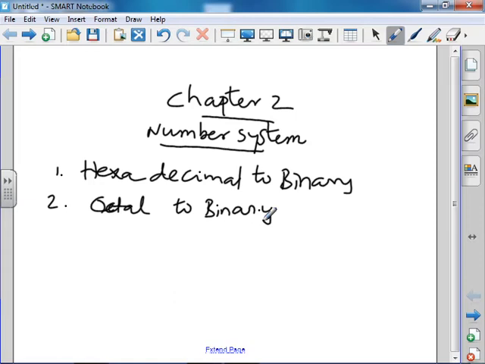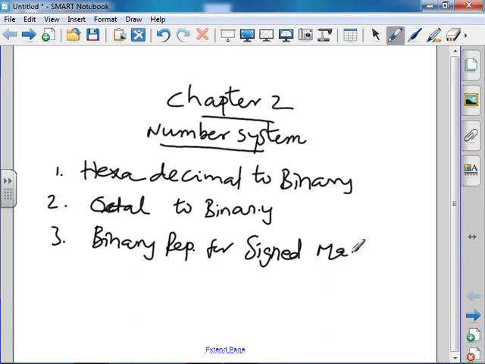Then binary representation for signed magnitude number, then 1's complement and 2's complement representation.